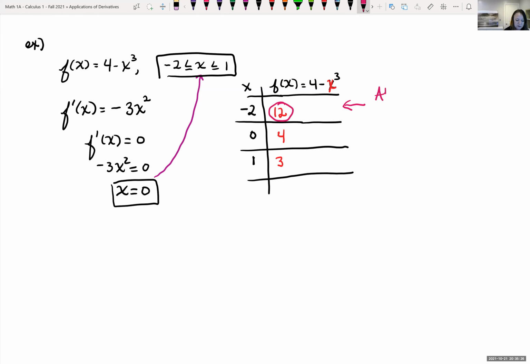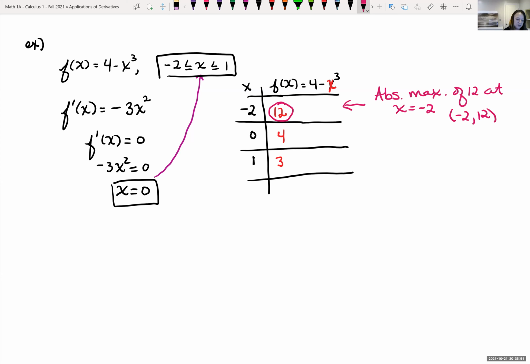So we have an absolute max of 12 at x equals -2, or we have that point (-2, 12).